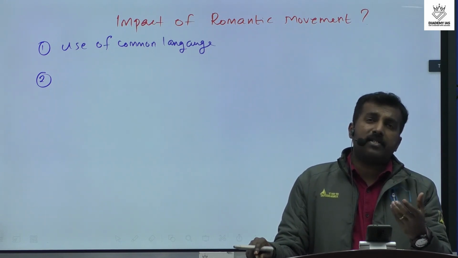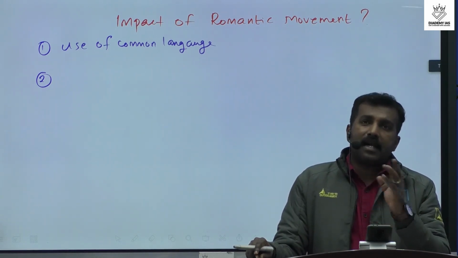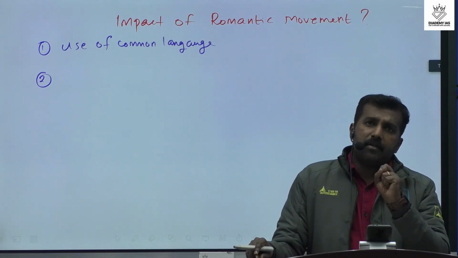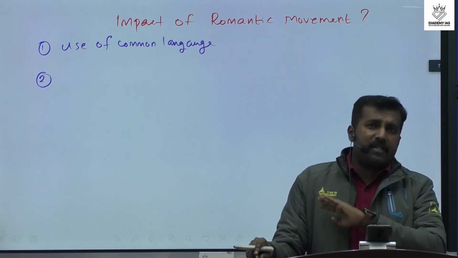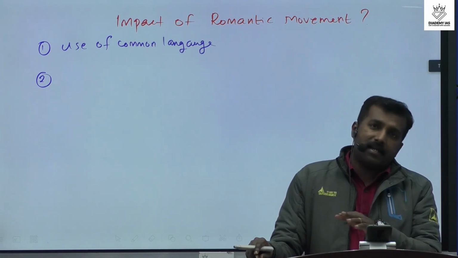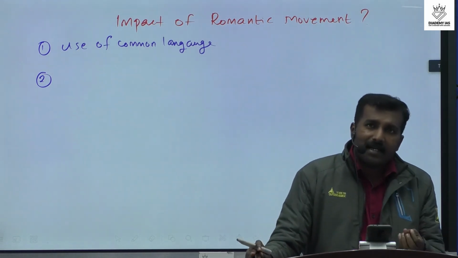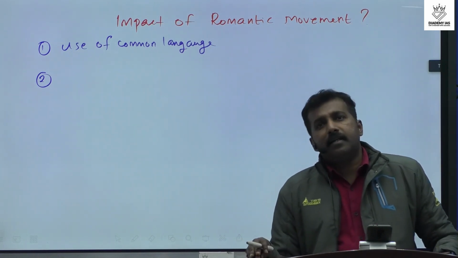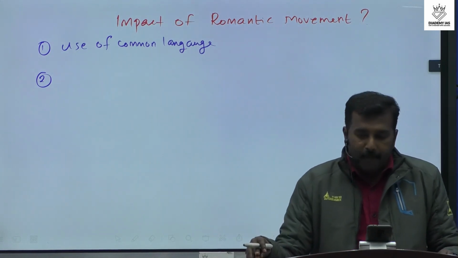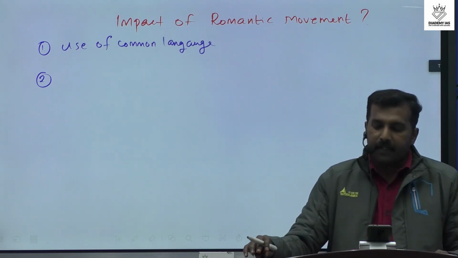The highly influential languages were French, Latin, like that. So with the impact of the Romantic writers, English became more familiar and common in literary works. That's an important point we have to remember.